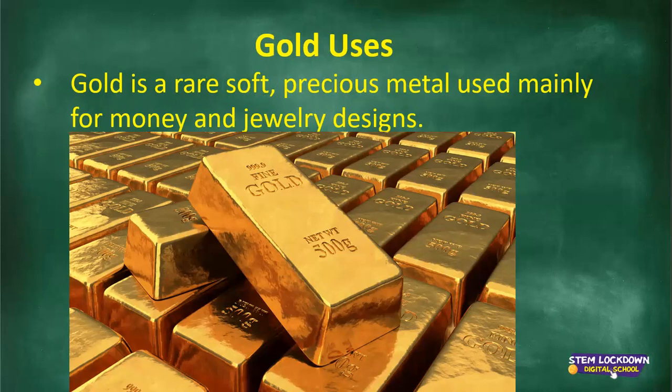Malleable. This simply means that it can be beaten into a specific shape, okay? So we're talking about different metals and their uses. It can be beaten into different shapes.